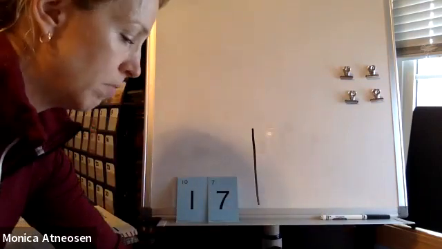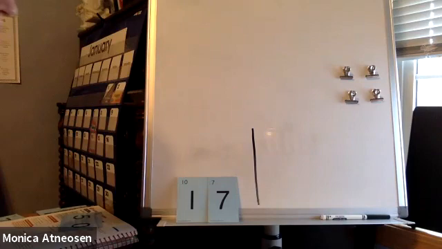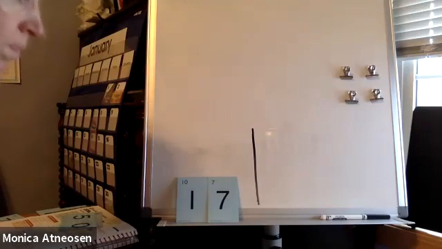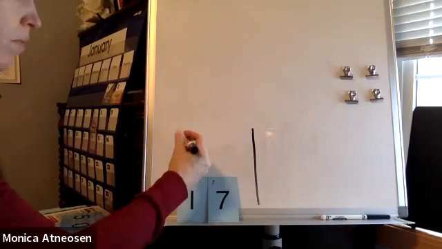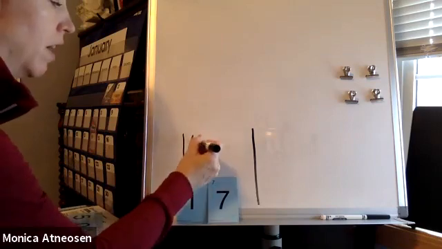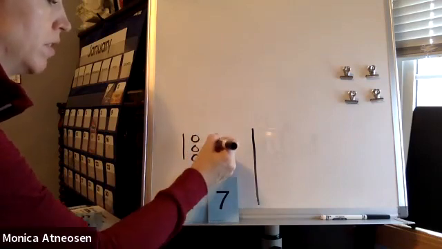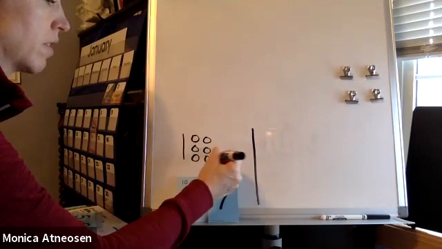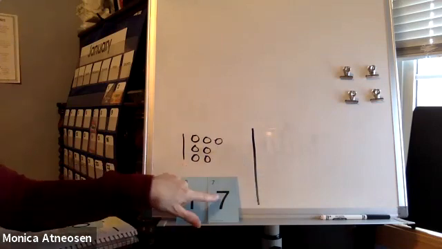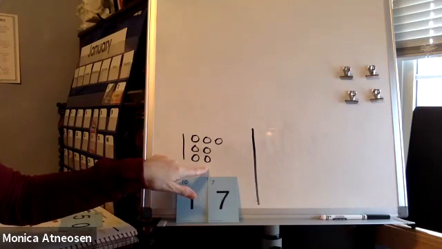At the beginning of the school year, everybody got a whiteboard marker and everybody got an eraser, so you should have that. But if you're using paper and a pencil, that's okay too. Draw that one for me. We can count it out by going 10, freeze, 11, 12, 13, 14, 15, 16, 17. We can look at our one group of 10 and 7 ones.